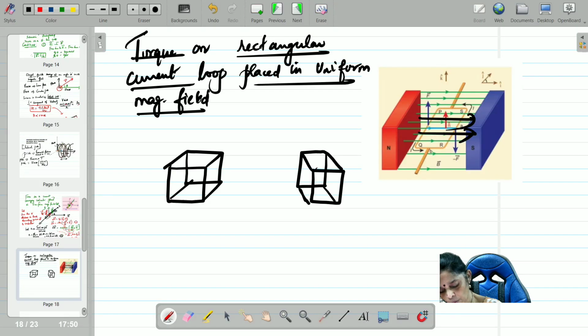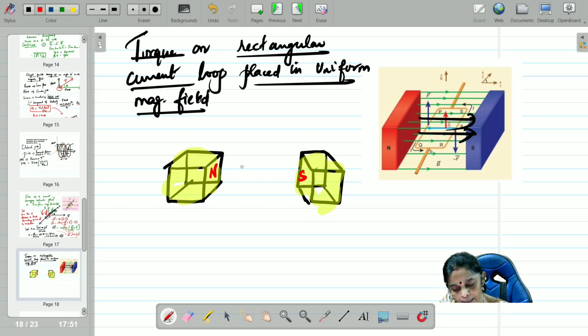Okay, so now this is the north and south pole of a magnet. It is like a 3-dimensional view, children. Very simple, you can learn. Now I'm going to place a rectangular current carrying coil.